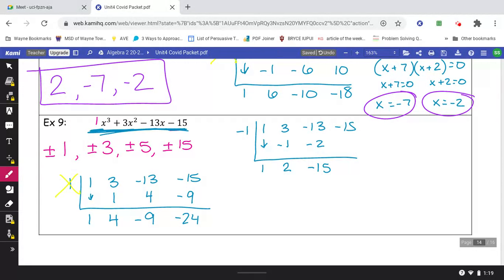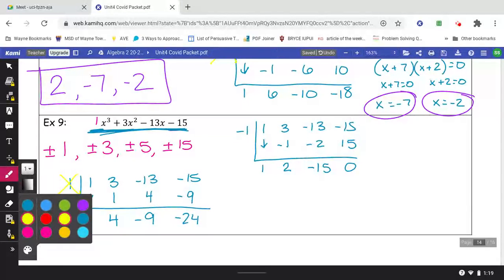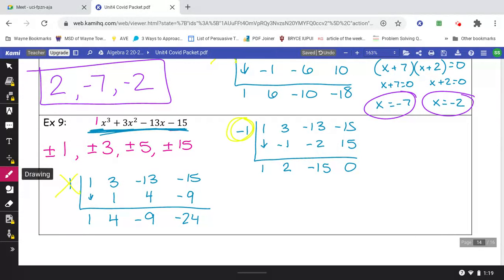Multiply the outside number times the bottom to get +15 and add the 2 inside numbers to get 0. All right, that means that -1 is one of our answers, which means we'll take what's left at the bottom and write what we call our depressed equation. X squared, 1 does not need it to be in front, plus 2x minus 15 equals 0.